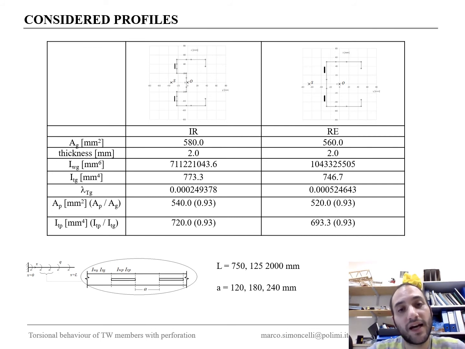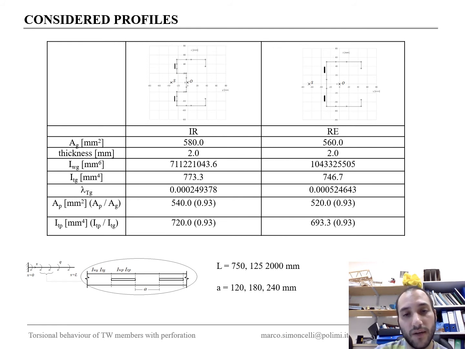We started this study with two cross sections, one called irregular and one regular. The first one is a C-section with stiffness in the web and in the flanges. The regular one has stiffness only on the flanges. We accounted for 3 different total lengths of the beam and 3 different lengths of the perforation.